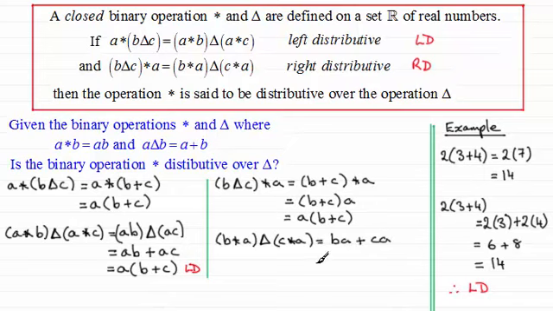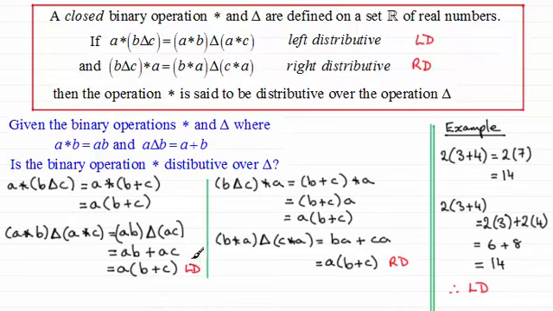And then I can factorize this. I can pull out an A, so I've got A bracket B plus C. And you can see then that these two answers agree. So this is therefore right distributive.